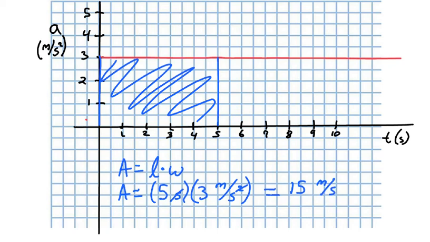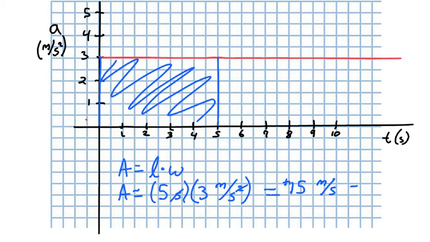Hey, that's a velocity. So is that the velocity that it's going at 5 seconds or at 0 seconds? Well, actually, we don't know what velocity it's going at 5 seconds or at 0 seconds. What we do know, though, is that our velocity at 5 seconds is positive 15 meters per second more than it was at 0 seconds.